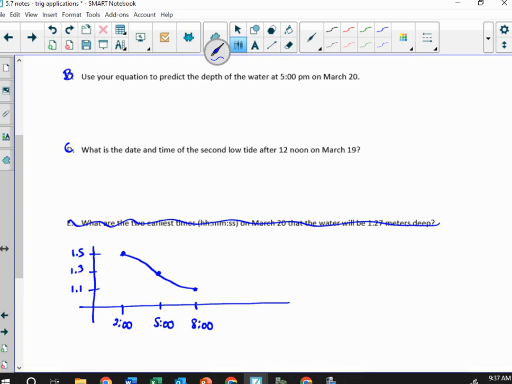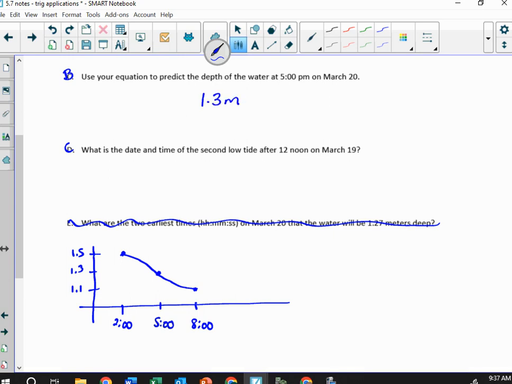What was the depth at 5 p.m. when we sketched it? 1.3. And then 5 a.m. it's going to be 1.3, and 5 p.m. it's going to be 1.3 because it's going to repeat every 12 hours. So that one should be 1.3 meters.